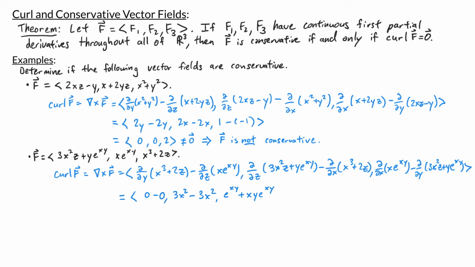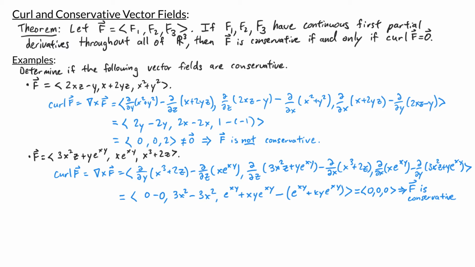When I take the partial derivative of 3x squared z plus y e to the xy with respect to y, again I need to use the product rule, and I end up with e to the xy plus xy e to the xy. And this simplifies to the zero vector. So that tells me that in this case, F is conservative.